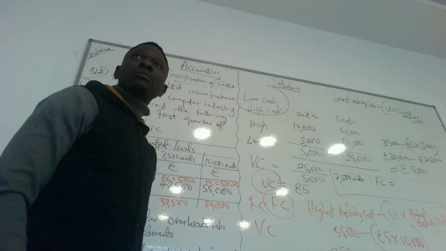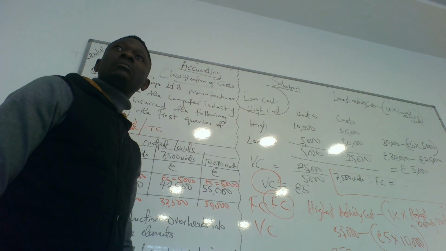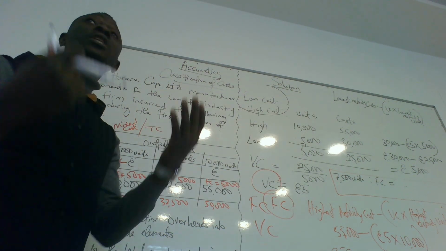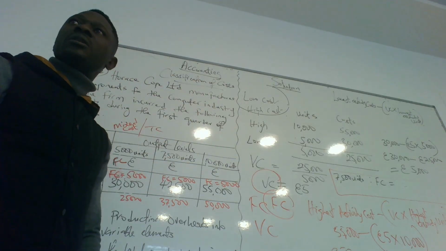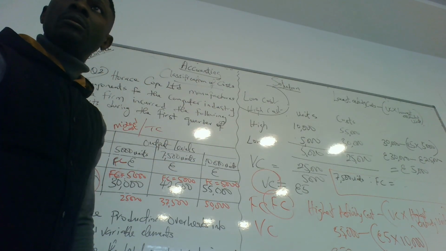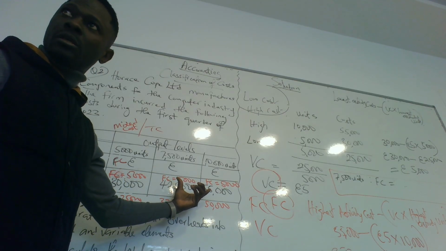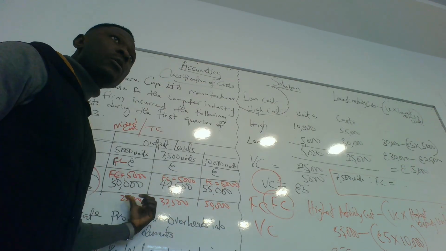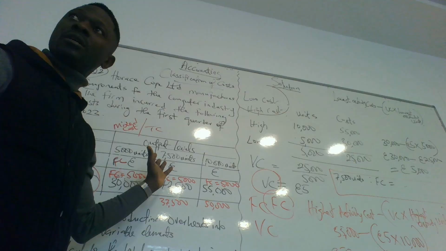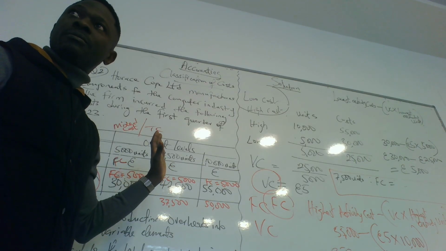So, Mr., we have to calculate the fixed cost, and then we know everything. No, we need to calculate both the variable cost and the fixed cost. We calculate the variable cost by finding the range. The range is the highest minus the lowest, the difference between the highest and the lowest. That's for the variable cost.